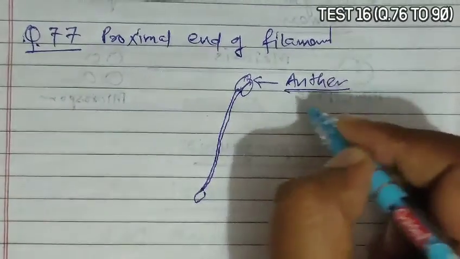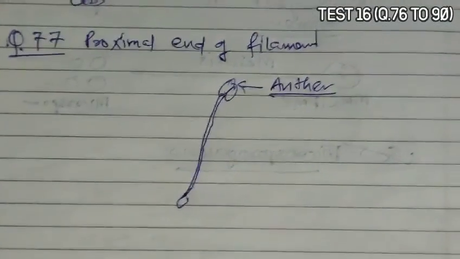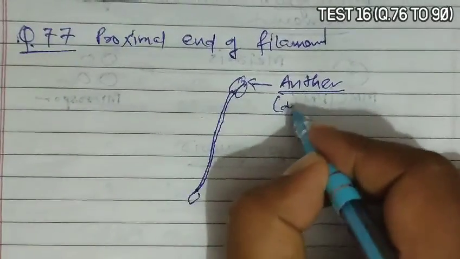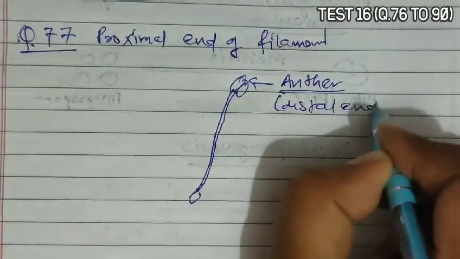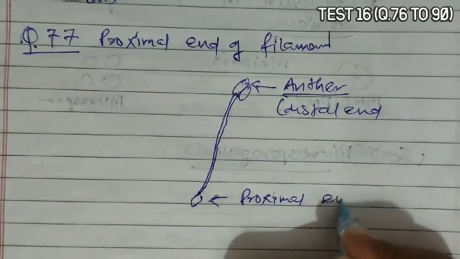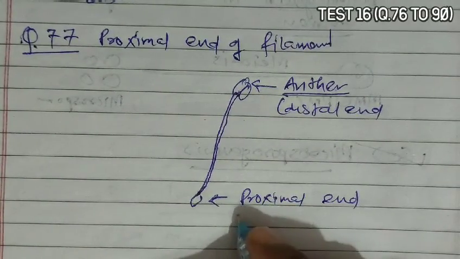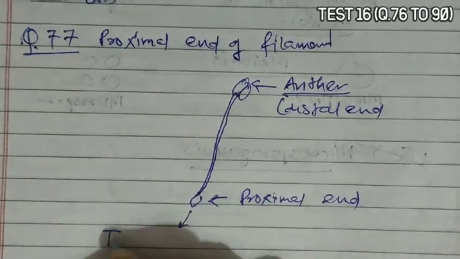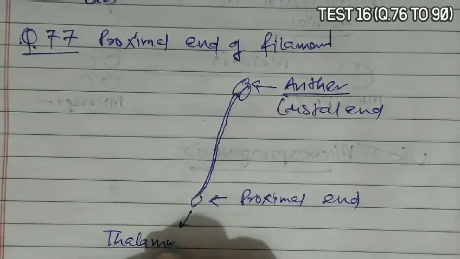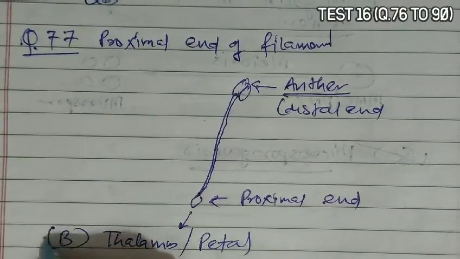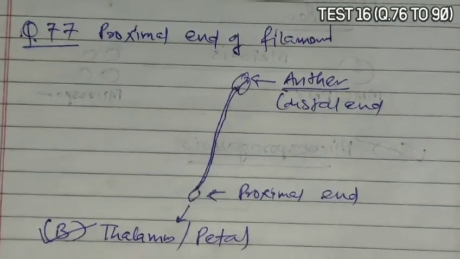This anther is present at the distal end, and this is the proximal end. Now this proximal end is attached to thalamus or petal. So B is the correct answer.